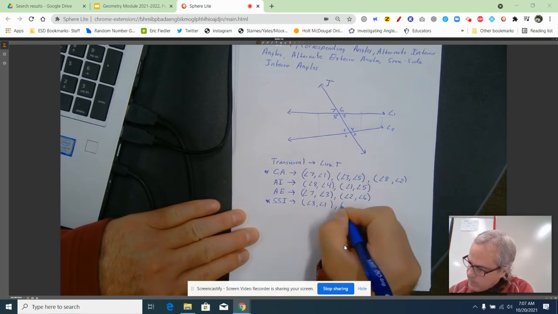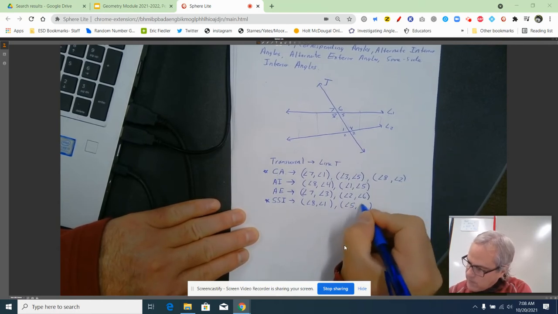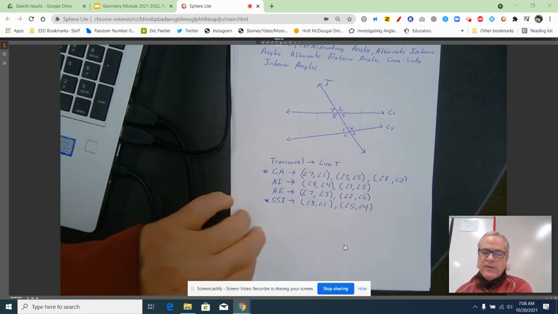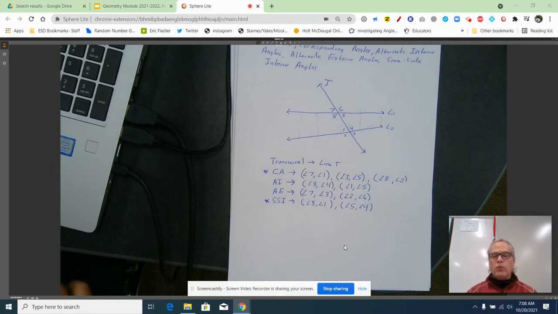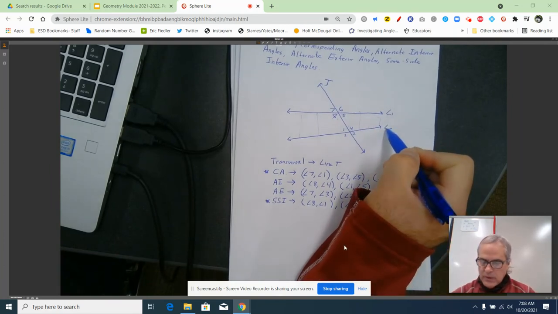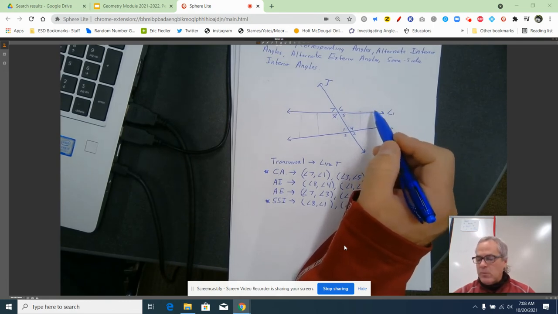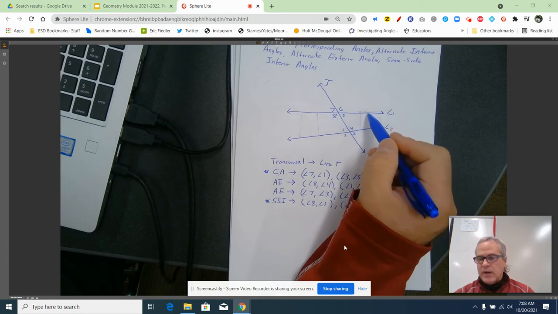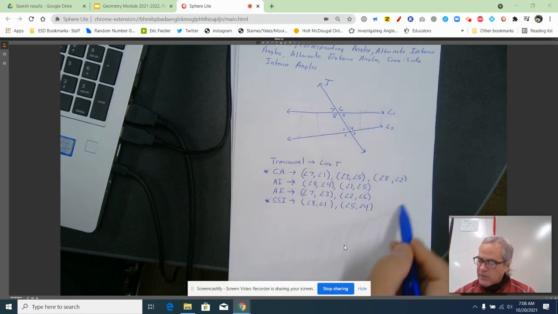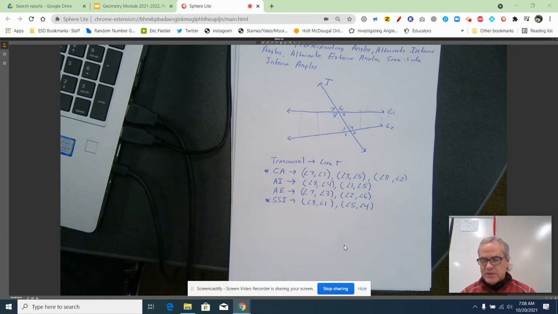Angle 8 and angle 1, and then angle 5 and angle 4. The reason same side interior angles cause problems is when we make these two lines parallel. You saw a little bit of that in the Desmos activity. We're going to talk about that more because special things happen when these two lines are parallel. You still have all these angles, but when these two lines are parallel, special relationships occur. And we're going to talk about that.